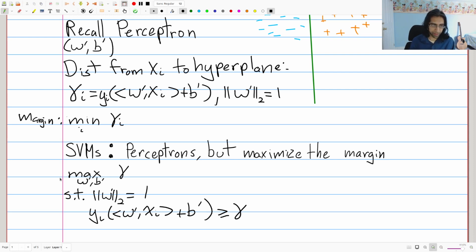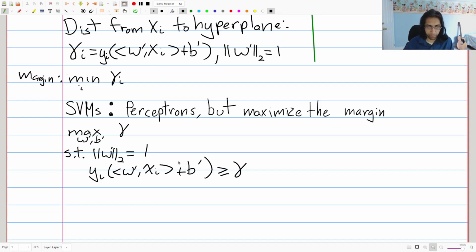So this is the SVM optimization problem in a less common form. We're going to reword it in a bit into a more common form, but let's look at what this wants to do. If you put each point into this linear classifier, a very perceptron-style classifier, in fact exactly a perceptron-style classifier, you take the inner product with the parameter vector, add some bias, and multiply by the sign.